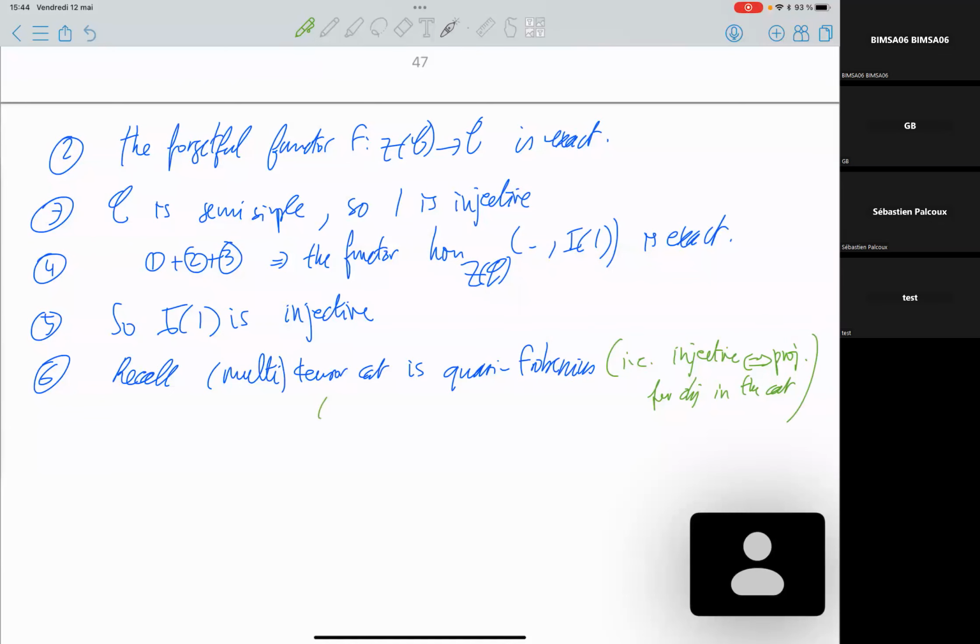Let me check, is it proposition 6.1.3, remark 6.1.4?